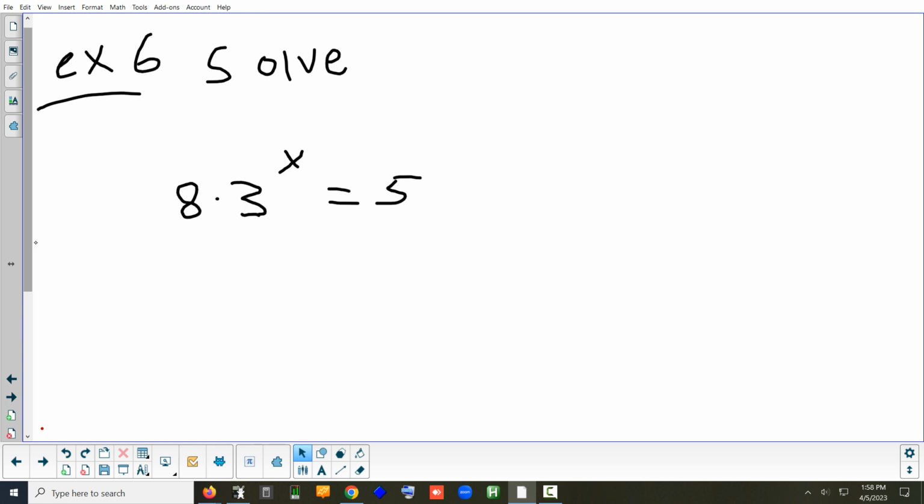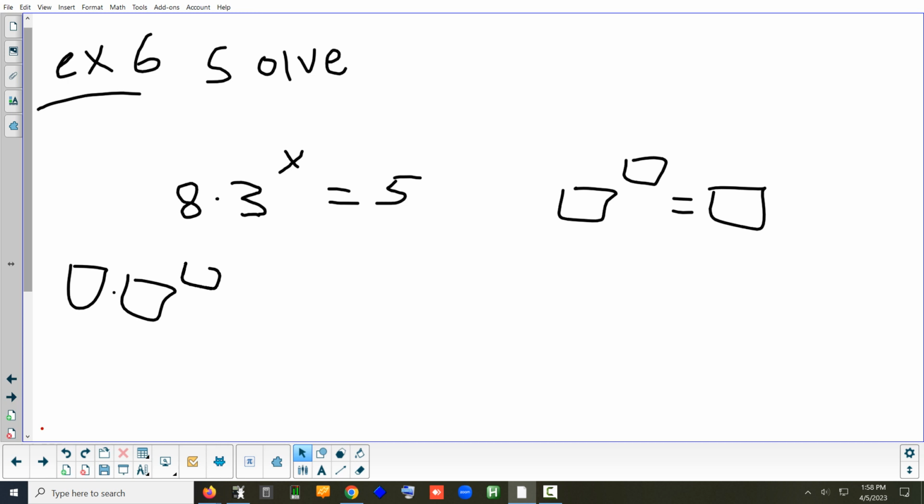Well, we do want to do that eventually, but there's something I need to do first. Because this is not quite exponential form. It would have to look like this. What we have right now essentially looks like this. That's not quite exponential form, but we can make this look like that.